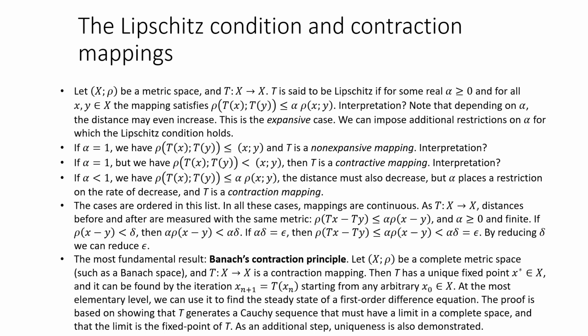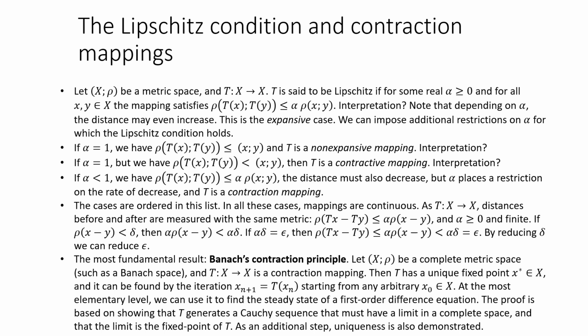Depending on the value of the parameter alpha, the distance before and after may be very different. So given that alpha may be any finite positive number, the distance may even be increasing after applying the mapping to the points.